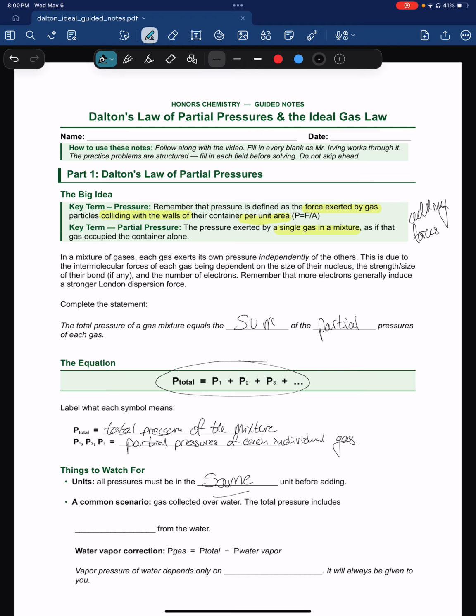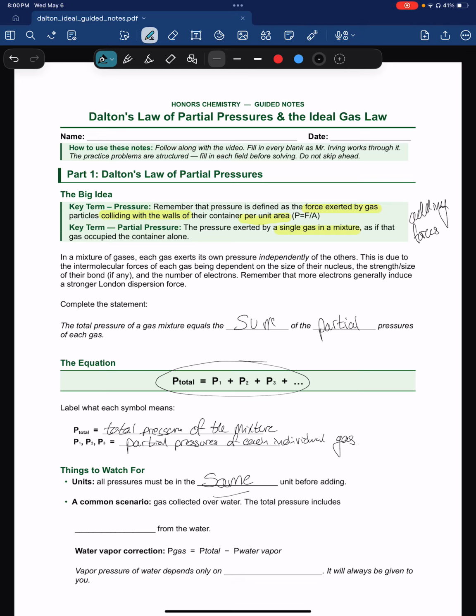Secondly, I want to talk about gas collected over water. This comes up constantly in labs and even on the AP exam if you decide to take that in a few years. When you bubble a gas into a tube of water and collect it, the gas that comes out isn't pure. It's mixed with water vapor, right?